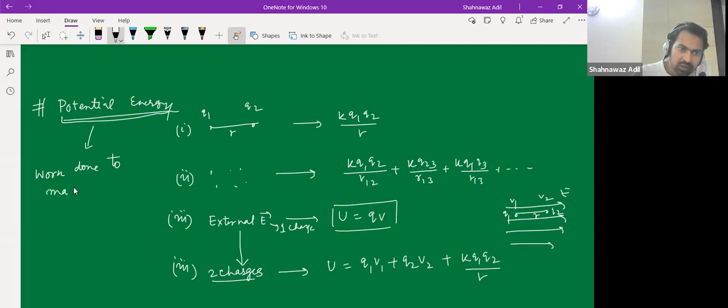It arises due to interaction of two charges or interaction of charges with some electric field, and the interaction energy is stored in the form of potential energy. So that is what we call the potential energy.